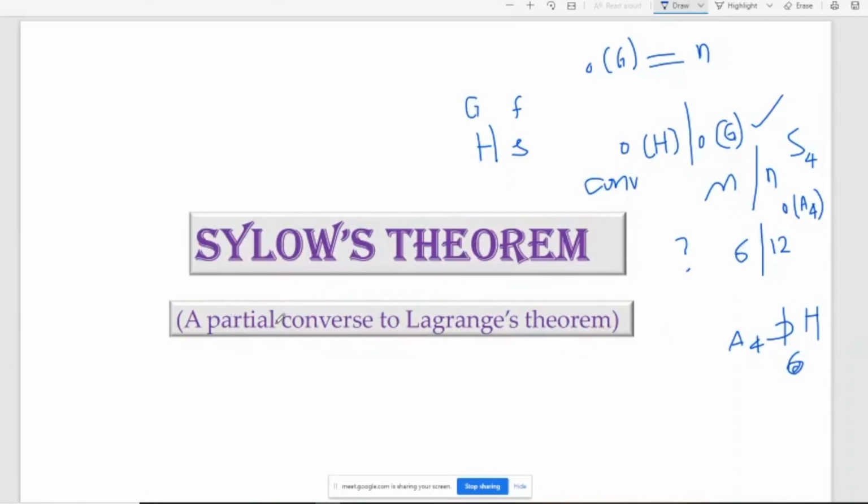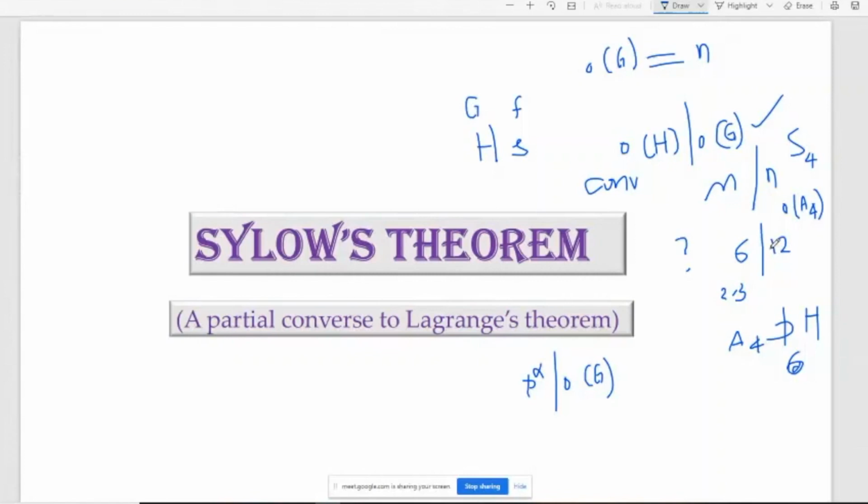So then what is Sylow's theorem? It says that a partial converse to Lagrange's theorem is true. Given any number, we know that it can be written as a product of prime powers. So if p to the alpha divides the order of G, then G has a subgroup of order p to the alpha. Here, this number is not a power of a prime; it is 2 into 3, a product of primes.